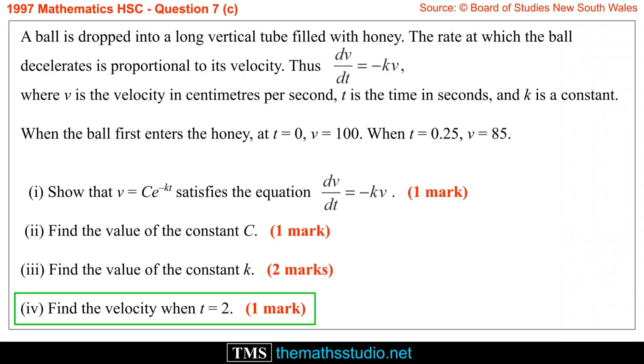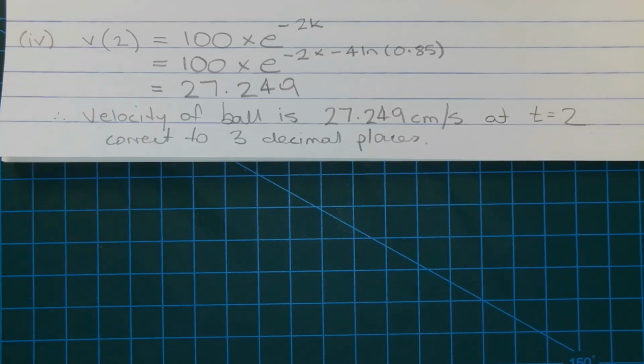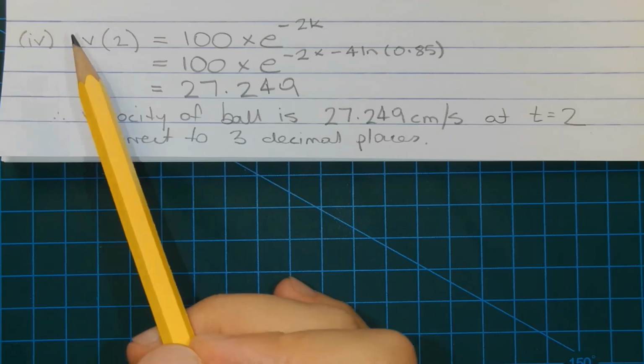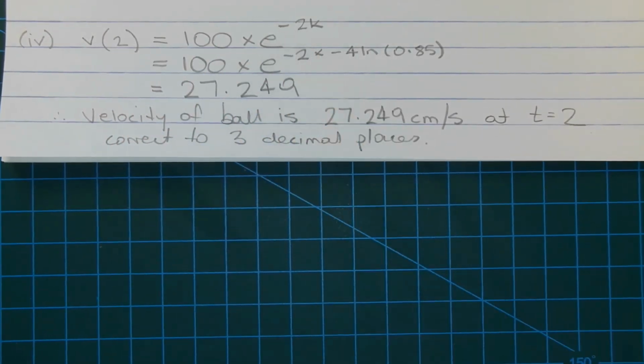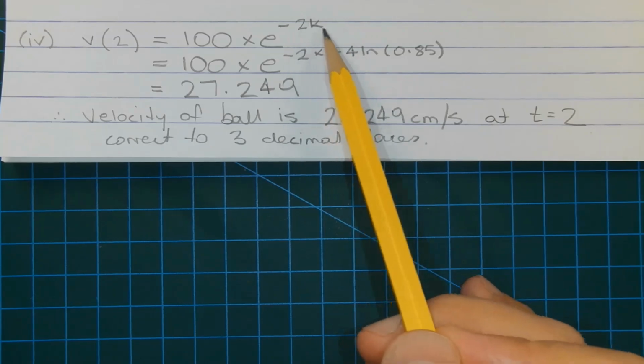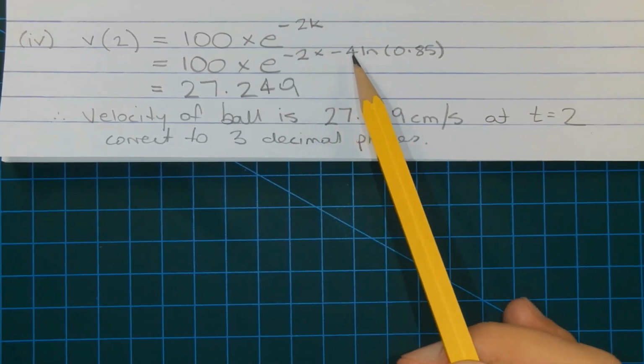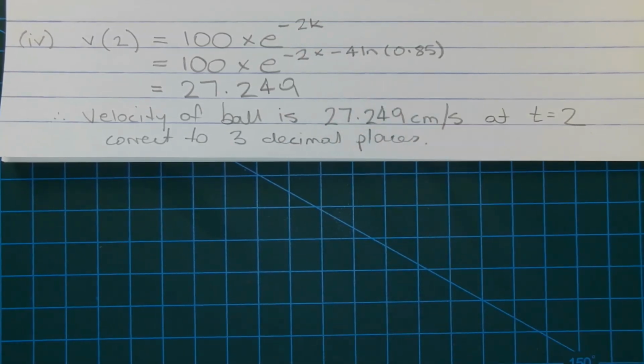Part 4. Find the velocity when t equals 2. We want to find the value of v when t is equal to 2. So substituting 2 for t in the velocity equation, we get v of 2 is equal to 100 times e to the power of negative 2k. And in part 3, we found the value of k, which was negative 4 times ln of 0.85.